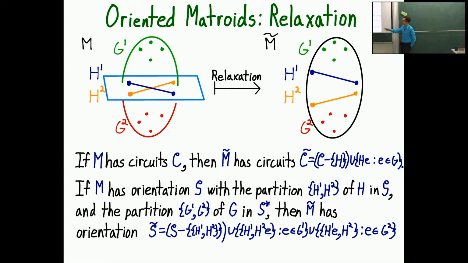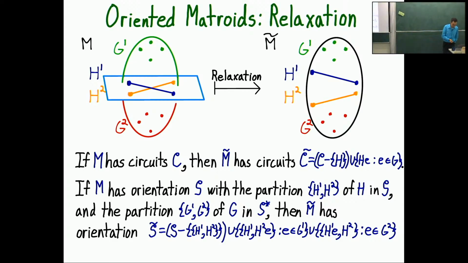So orthogonality, as Kevin was pointing out, is the same thing in the dual. To figure out the co-circuits, you can just do the same thing here. You're thinking of how the new hyperplanes split up these points, and the new hyperplanes will look like H minus an element of H. So if you think of removing an element from H1, it should go onto the same side as G1, right?